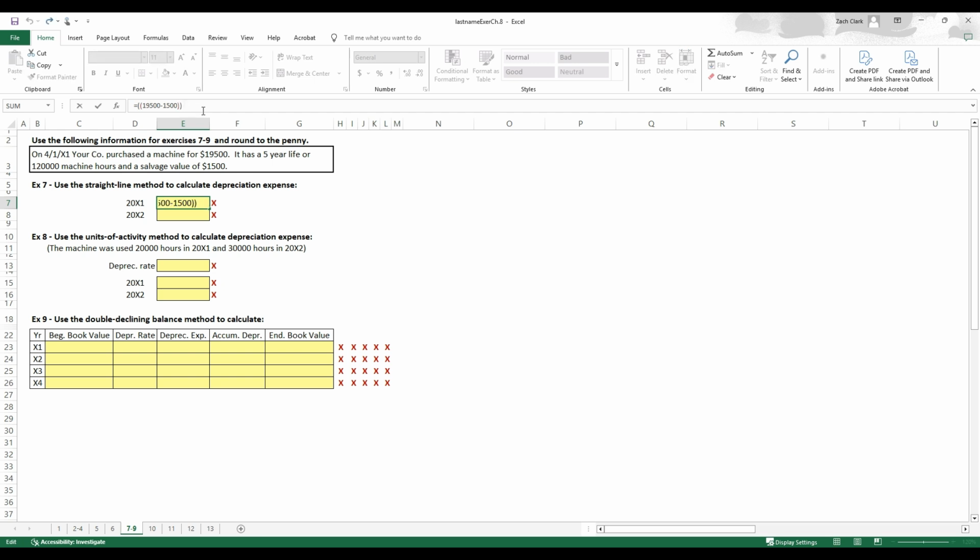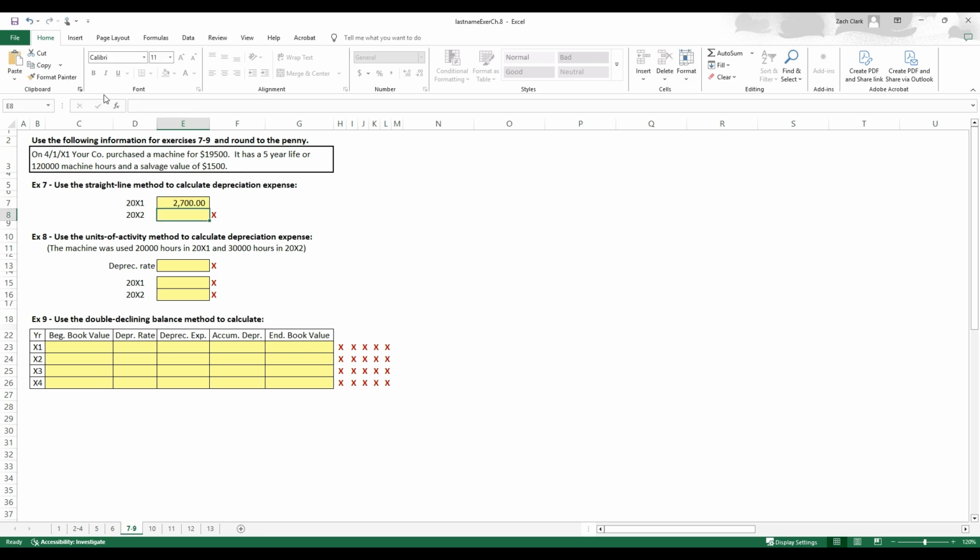So we can take our cost minus salvage value, divide by not the years necessarily, but the months. So 5 years is the same thing as 60 months. And so this is monthly depreciation. Then we divide by 60, but then we're counting for 9 months, like we just said, in that first year. And so 2,700.